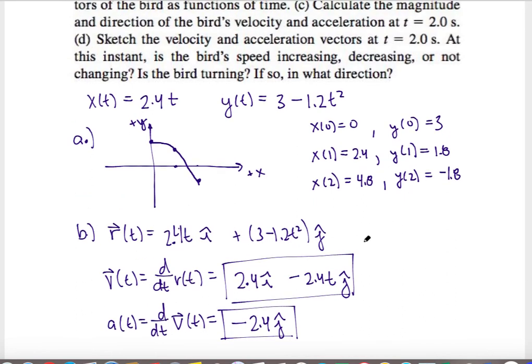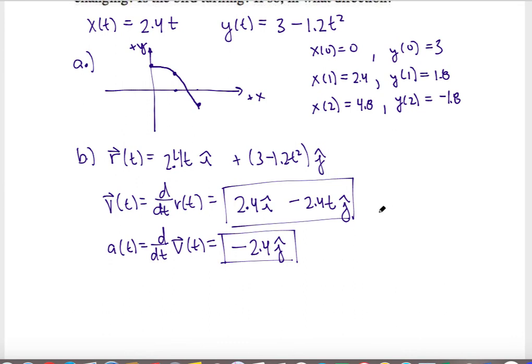Part C asks us to calculate the magnitude and direction of the bird's velocity and acceleration at 2 seconds. So I'm going to go ahead and do C off to the right here. V of 2, if I plug in 2, will just be 2.4 i hat minus 4.8 j hat. So the magnitude of this, again using the Pythagorean theorem, will be the square root of 2.4 squared plus negative 4.8 squared.